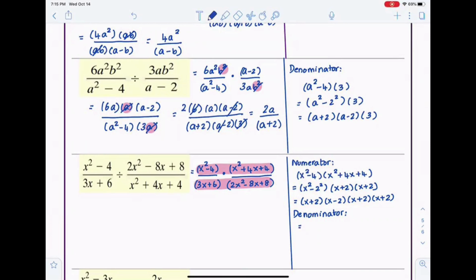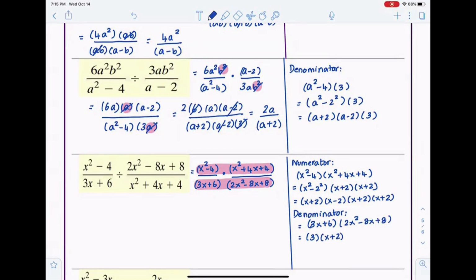In the denominator, we have 3x plus 6 times 2x squared minus 8x plus 8. We have a 3 in common, so if I pull that out, I have x plus 2.